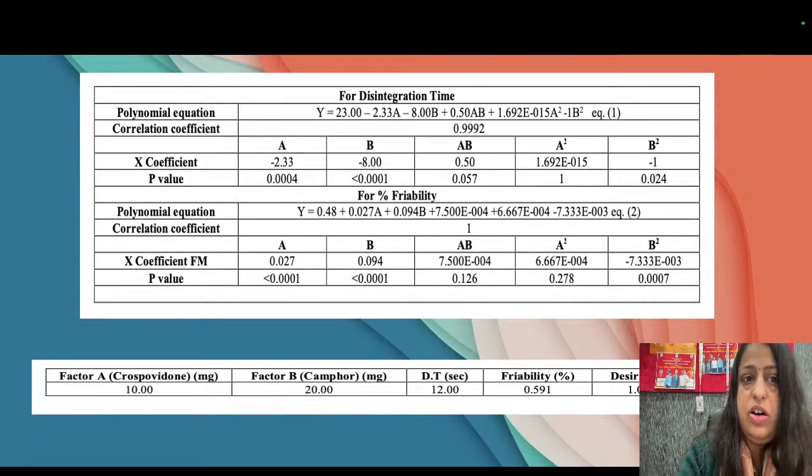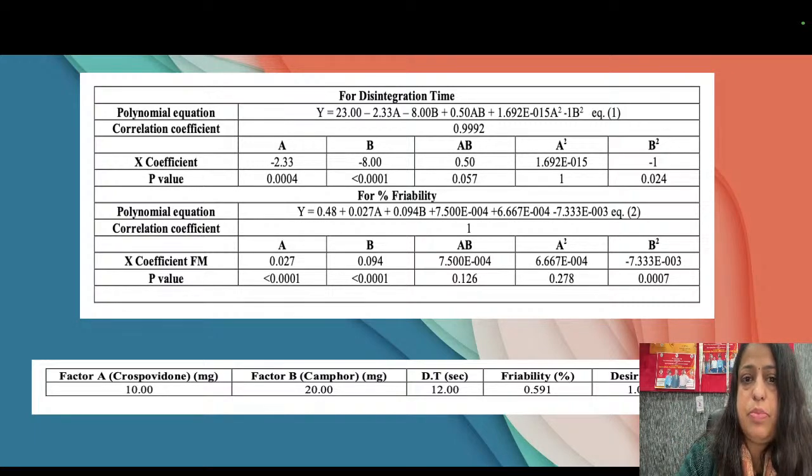See here, the p value is also given, and this is the coefficient value which is given in the coefficient column, and this is the value when full factorial mode is there.